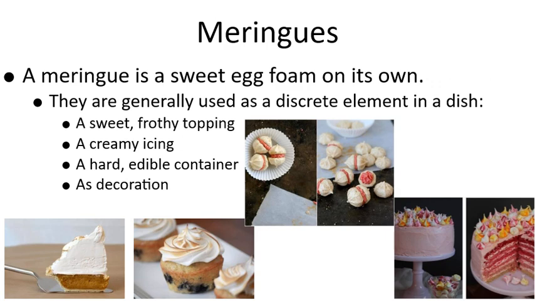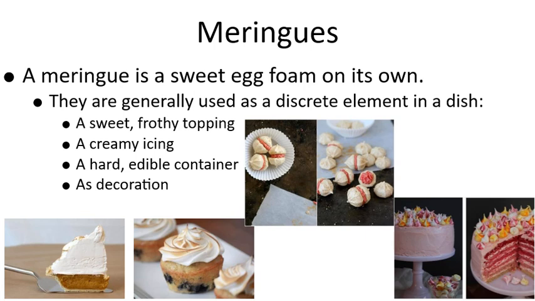Let's now turn to the specific types of egg foam, starting with the meringue we'll make this week. A meringue is a sweet egg foam on its own and is generally used as a discrete element in a dish. That is, we can usually see the meringue as a separate component within the larger dish.